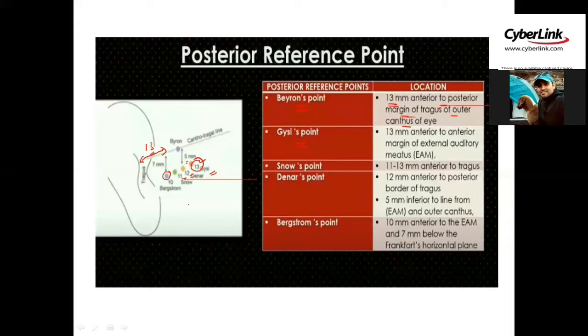Then Bergstrom's point, which is 10 mm anterior to the external auditory meatus and 7 mm below the Frankfort horizontal plane. So it is written as 10, 11, 12, 13. You can remember them with the measurements.